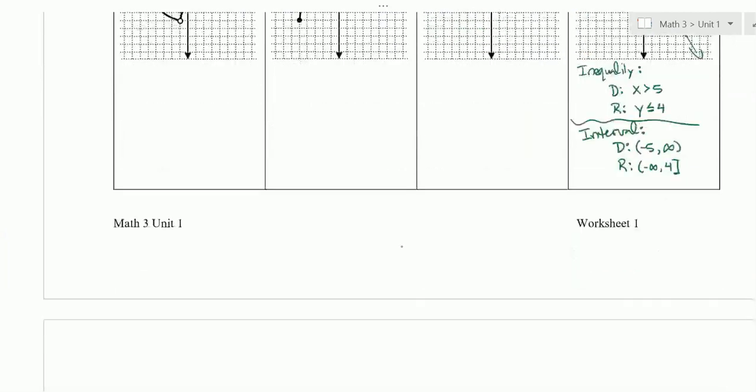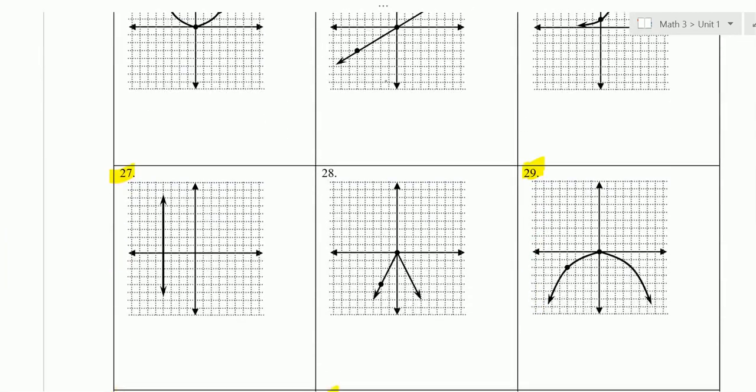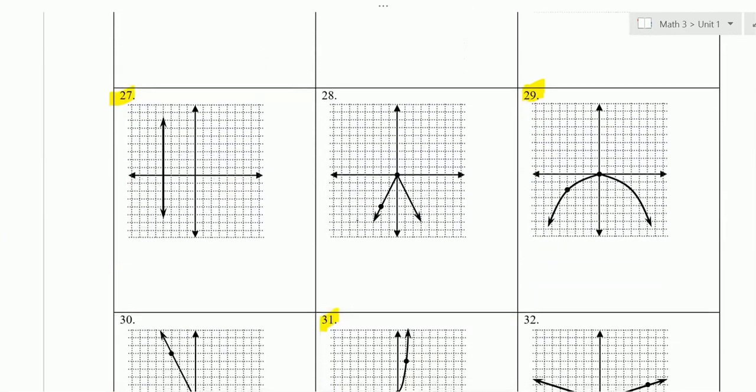So if we apply that now, just work backwards on 27, it's going to be x equals, and if you pick any point on here, they all have the same x value at negative 4. This is linear, but a special case, this is vertical.